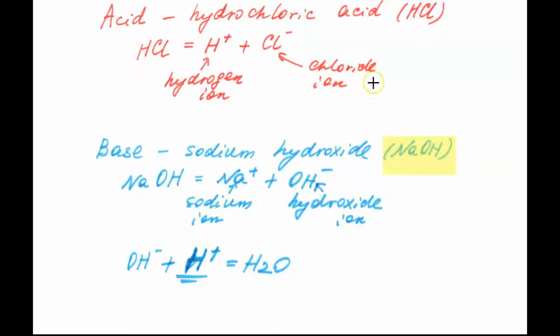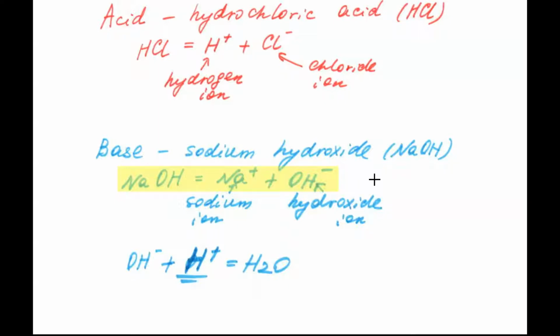Now, when I dissolve sodium hydroxide in water, what will I get? Well, I will get this. Sodium hydroxide in water will dissociate and will produce two types of ions: sodium ions, Na+, and hydroxide ions, OH-, right? So as you can see here, my sodium hydroxide will add hydroxide ions to water, and the more hydroxide ions in water I have, the higher the pH will be.